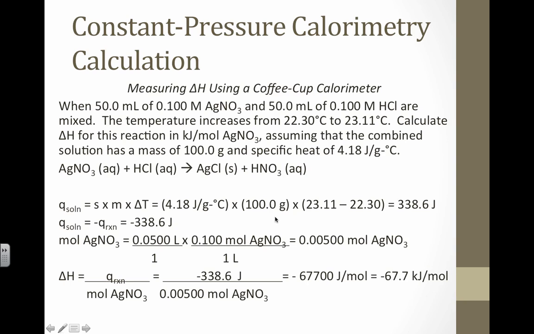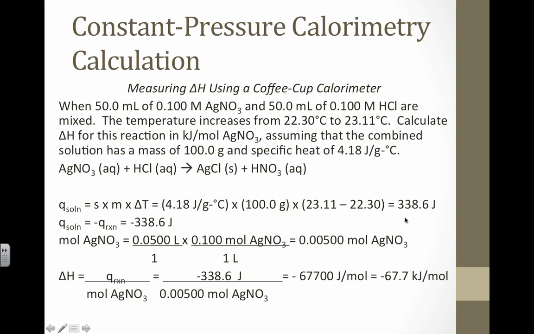Once we have this, we can go back and figure out the enthalpy of the reaction with respect to the moles of AgNO3. Do you see how delta H is kilojoules over moles of AgNO3?